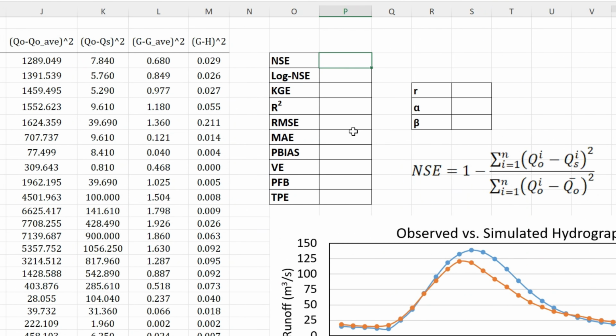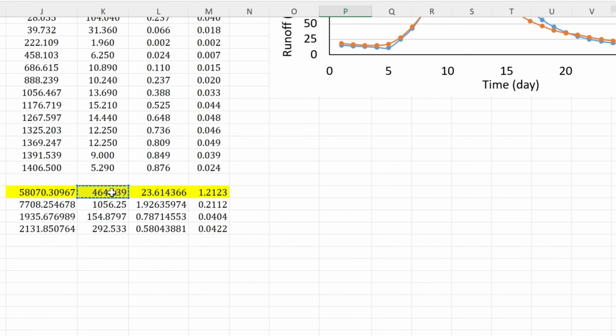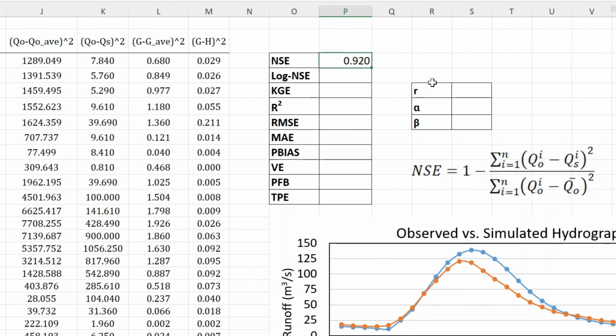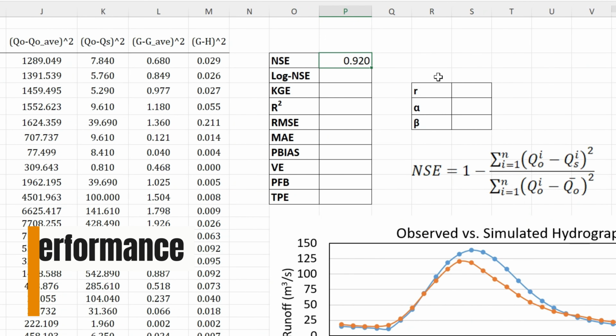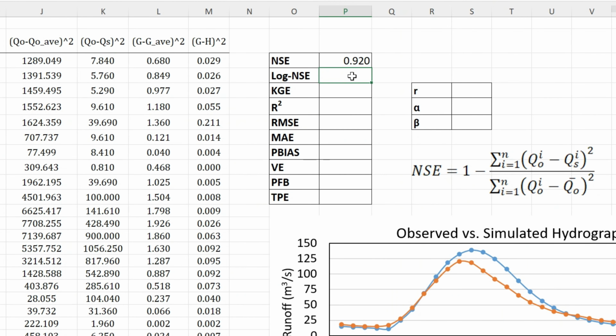Now we calculate the NSE. So it will be 1 minus the summation of column K divided by summation of column J. And that's it. So we get 0.92. Same thing for Log-NSE. That will be simple. So it's just similar to NSE, but the log value.